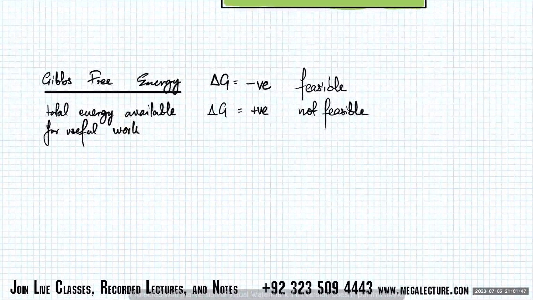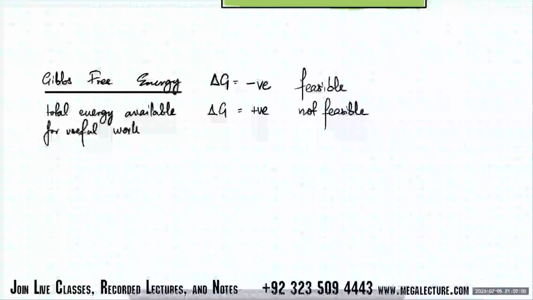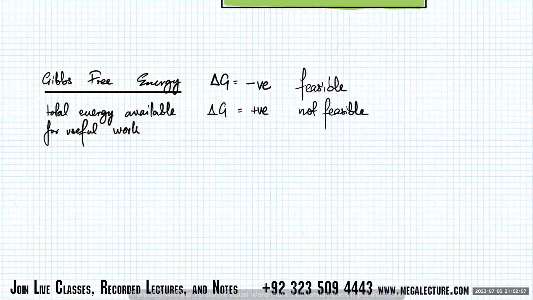At negative 100, sir? Will you be able to boil water at negative 100? No, sir, nothing would happen. It won't boil. If you just have a bowl of water at minus 100 degrees centigrade, nothing will happen. It will turn into ice. It's not going to boil. So that means the reaction is not feasible. It doesn't have enough energy to do what you're asking it to do.